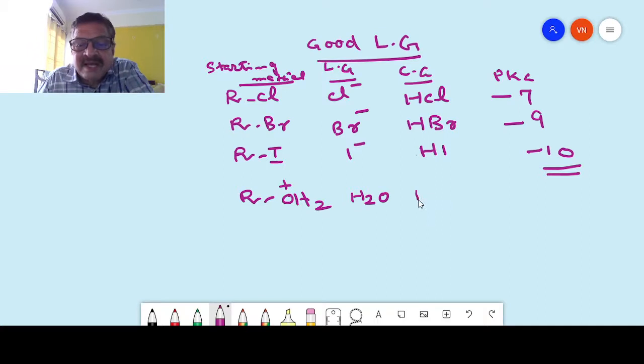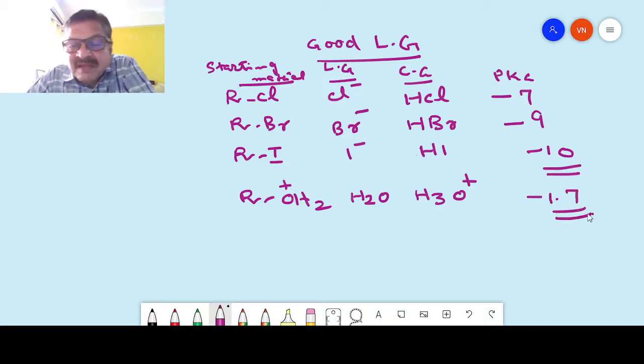The conjugate acid is the hydronium ion, with a pKa value of -1.7. That makes it a strong acid because of the pKa value. So strong bases are poor leaving groups here.